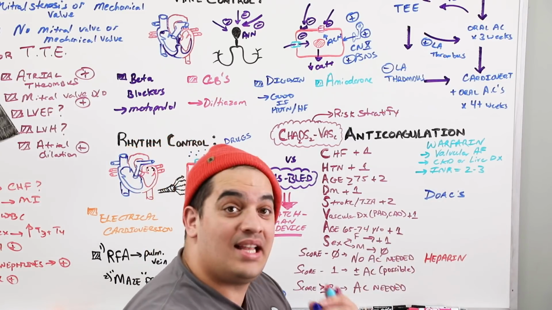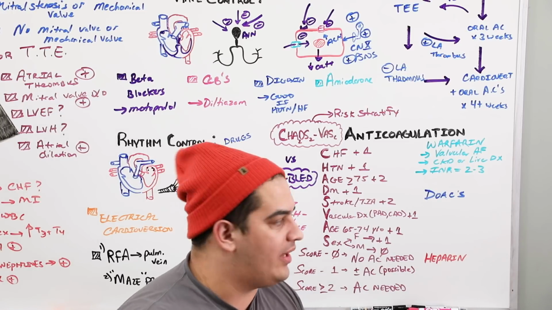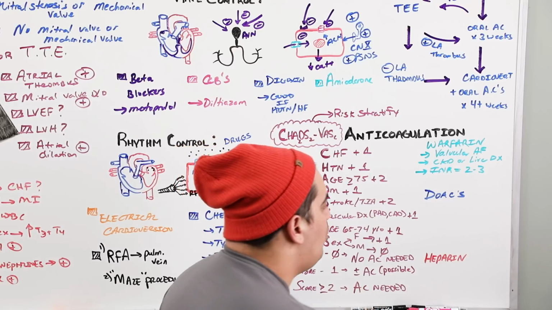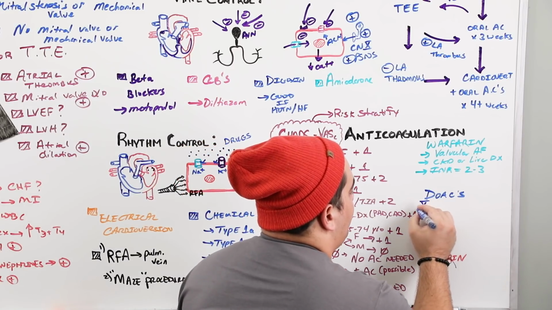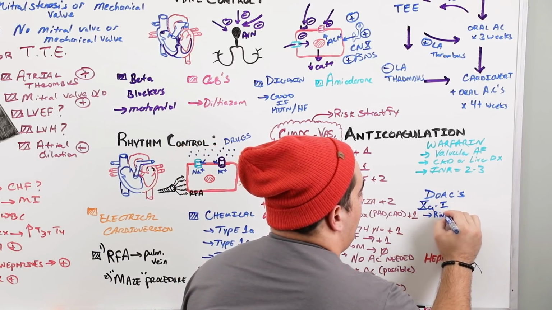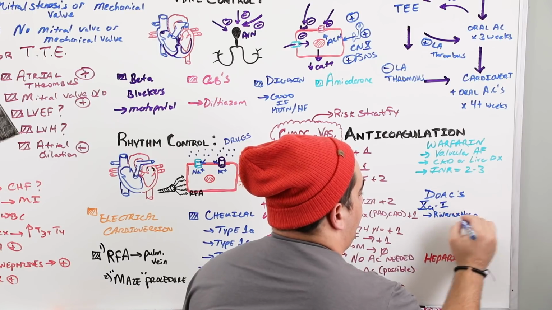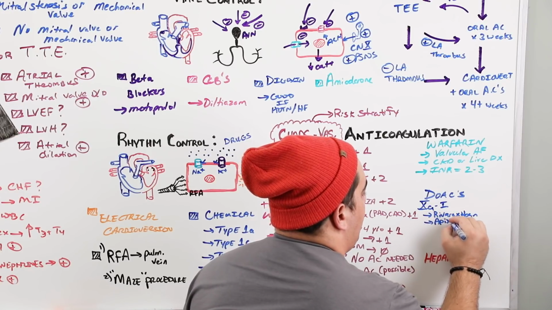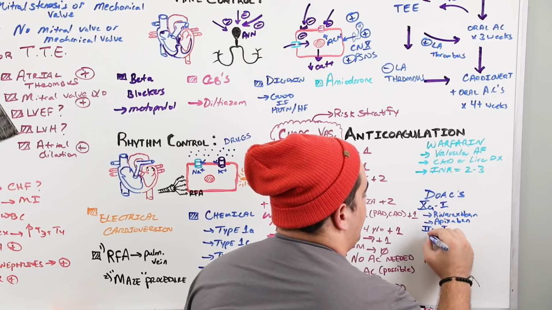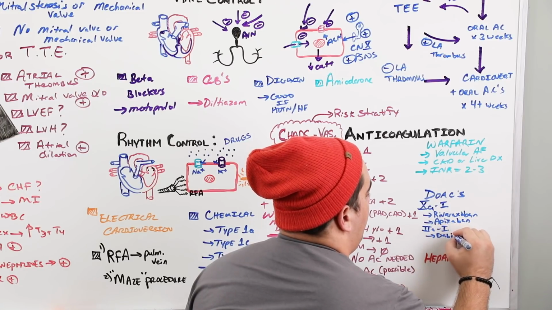All right, DOACs is a second option. DOACs are direct oral acting anticoagulants. There are 2 categories. You have your factor 10A inhibitors, things like rivaroxaban, apixaban, edoxaban, all of those. And then you have your 2A inhibitors, things like dabigatran.